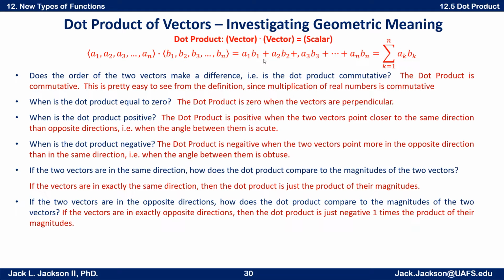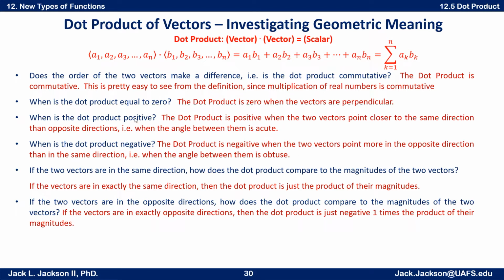And since these can be reversed, if this is b1 times a1, that's the same as a1 times b1. Since at this level, this is just multiplication of real numbers, and that is commutative, this dot product is easily seen to be commutative as well.